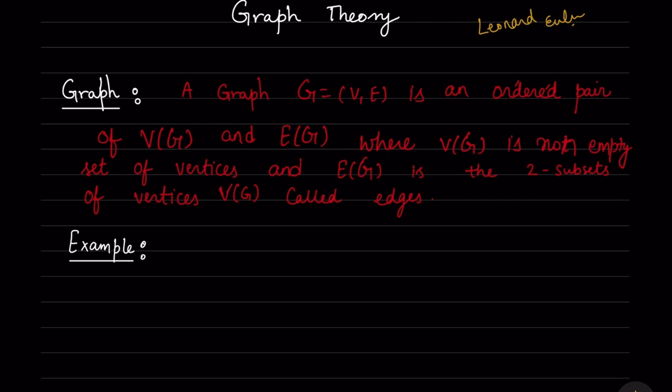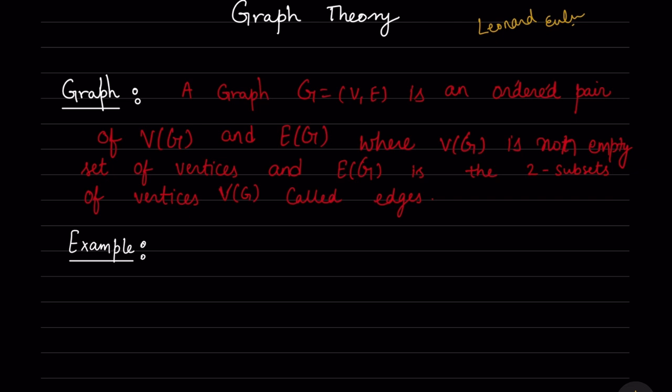So here I want to discuss the graph. How can we make a graph? For making a graph, first of all, we have a discrete structure which consists of a set of objects. These objects are called vertices, and the relation between these objects is called an edge.